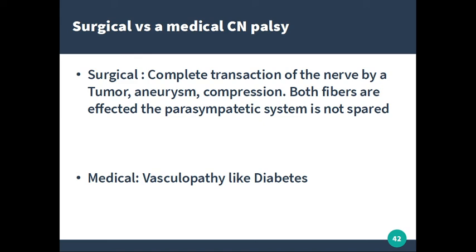Also a very important point in this case is the blood supply of the third nerve. The fibers are supplied by different types of blood supply. Okay? The parasympathetic system, usually in a surgical palsy, is not spared because we have total transection. Because compression is coming on the outside of the nerve.